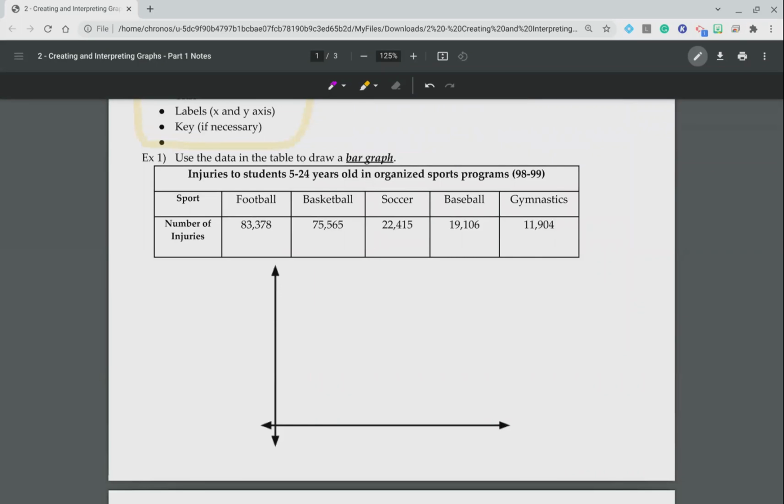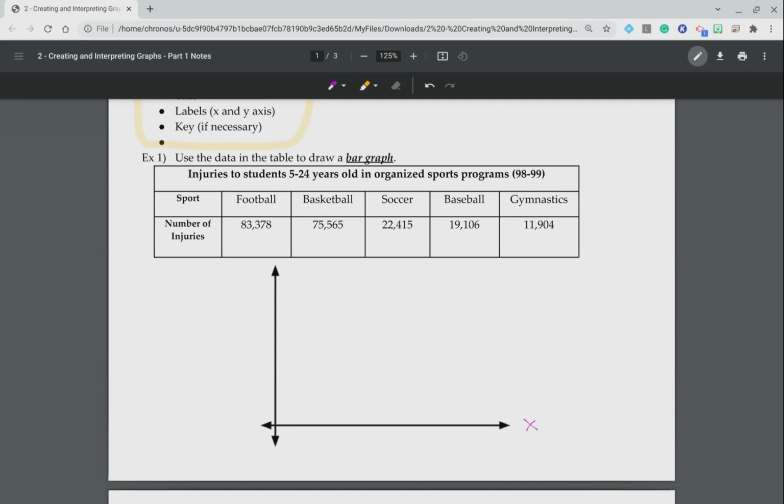We are looking at injuries for students 5 to 24 years old in organized sports. Okay, so we have a number of different sports. We have football, baseball, soccer, basketball, and gymnastics. So first thing I'm going to do is figure out what I'm going to put on each one of my axes.